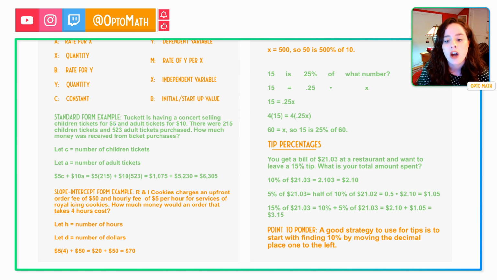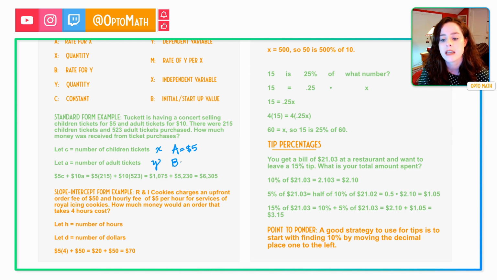So $5, that is going to be a. That is the rate for how many children tickets. So c is like x, and the rate is $5. A is the number of adult tickets. It's like our y.